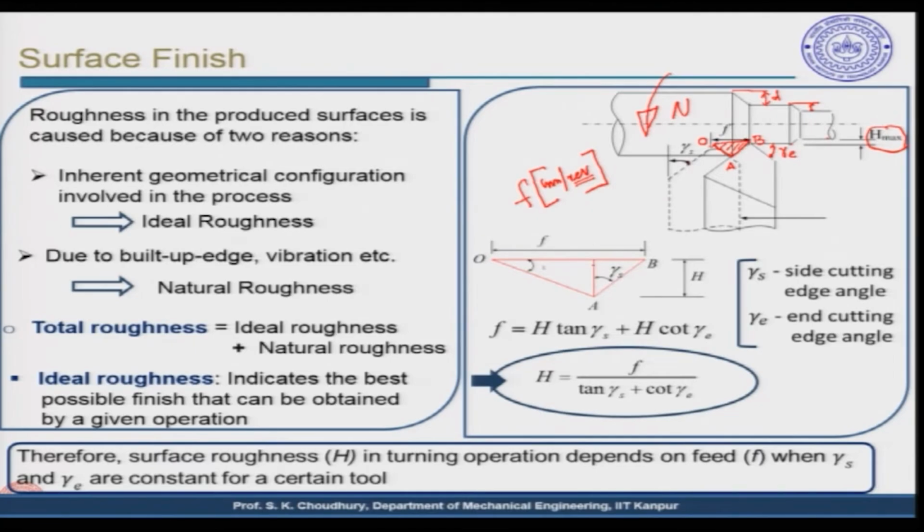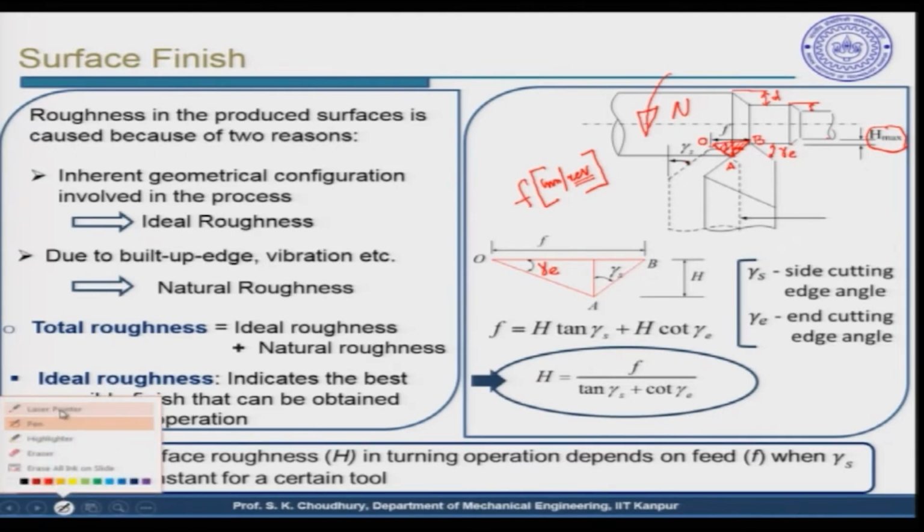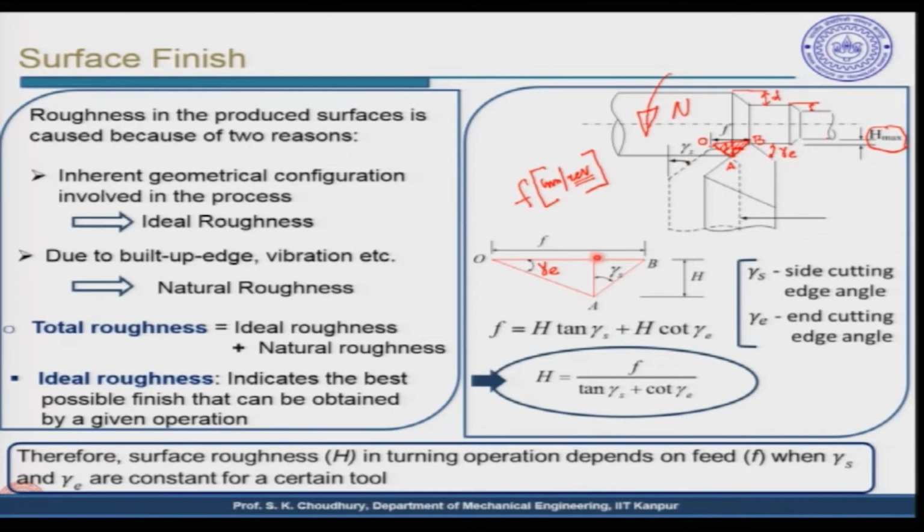Now, in this triangle, this is the angle gamma S, which is the side cutting edge angle, and this is the angle gamma E, which is the end cutting edge angle. As I said, the end cutting edge angle is this, and this will be the side cutting edge angle, if you put a normal to OB from A. So, from A we have taken a normal, as shown here, on OB.